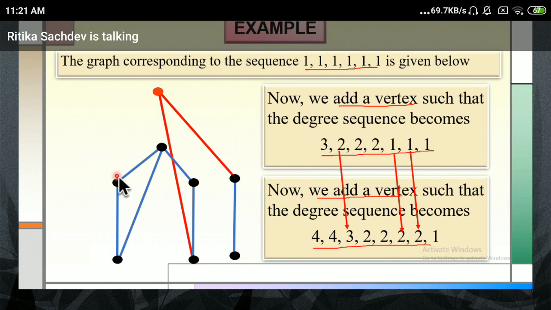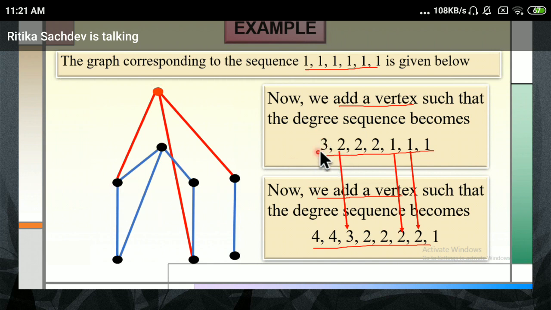So out of the three, we leave two vertices, and now we join only one vertex. So out of these three vertices whose degrees are 2, I am going to leave two vertices of degree 2 and join only one vertex with this red vertex. Now the choice is mine, whether I take this or this or this. I've left these two and I've joined this.